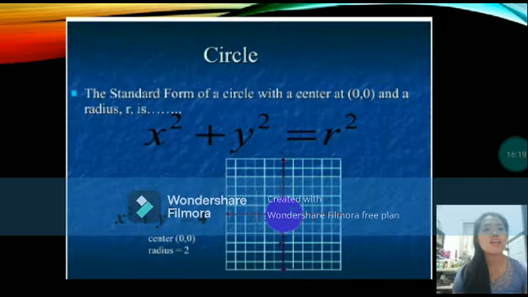Okay, so let's continue. Now, the standard form again of a circle with the center (0, 0) and a radius r is x squared plus y squared is equal to r squared. If the radius is 2 and the center is (0, 0), your equation would be x squared plus y squared is equal to 4. That is quite similar to the previous example.